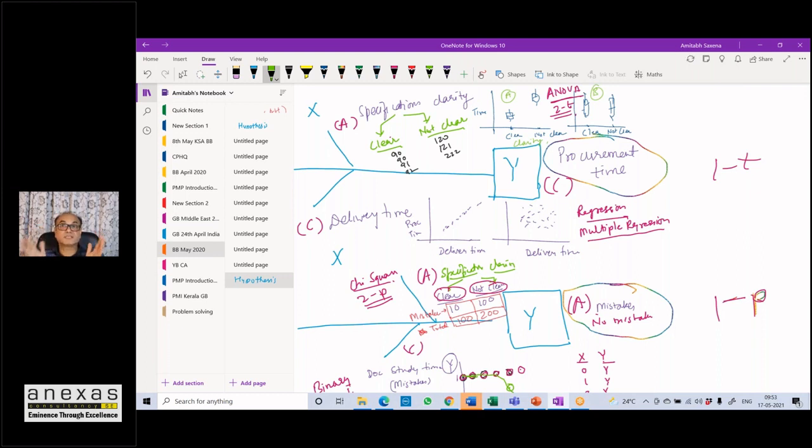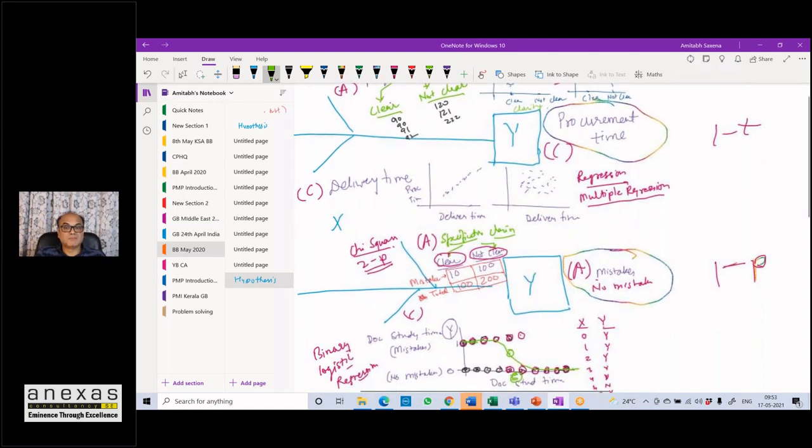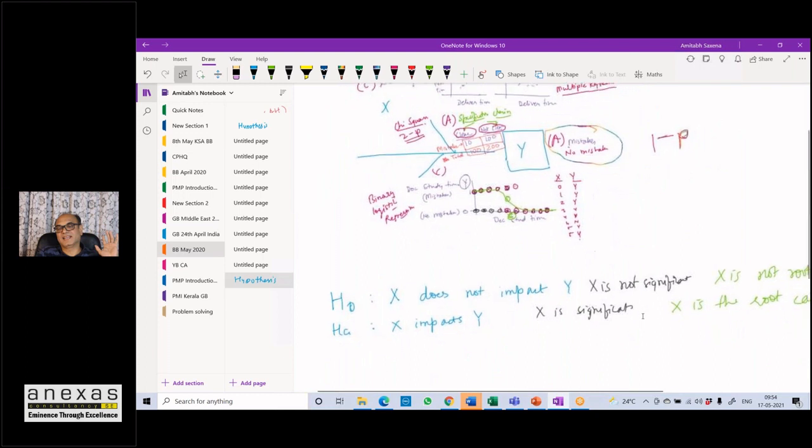So I'm not going to trust you unless you give me the data. Let the data prove whether clarity is impacting the procurement time, whether the specification clarity is impacting the mistakes, whether the delivery time is impacting the procurement time, etc. So null and alternative, I'll create those.